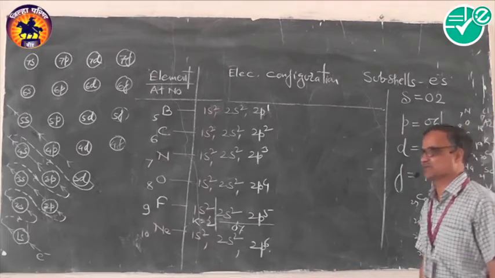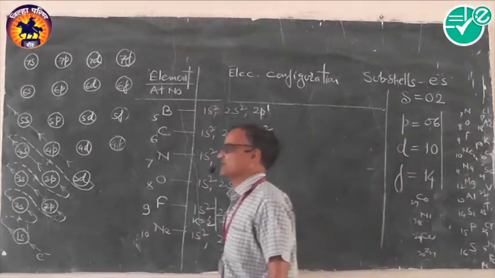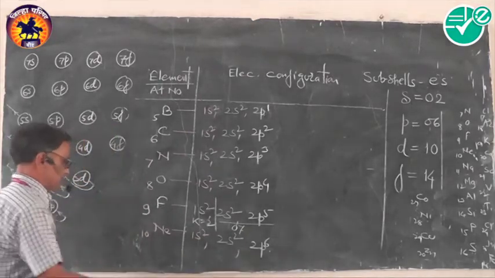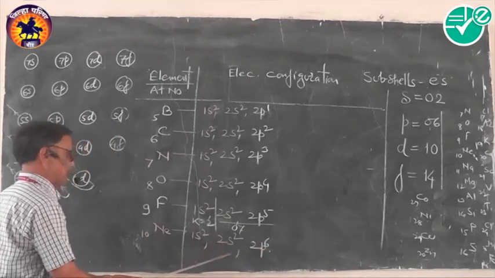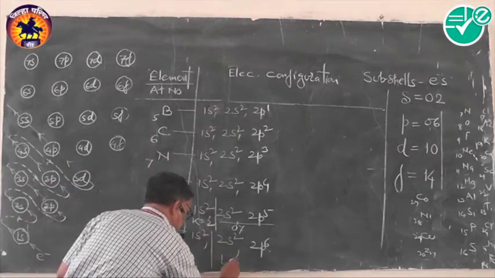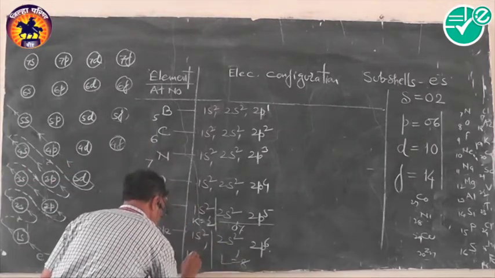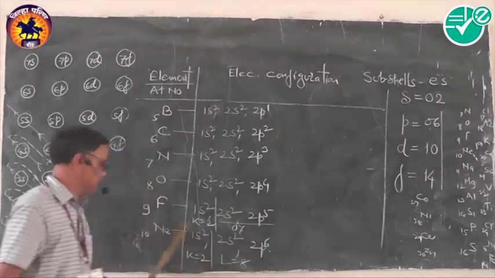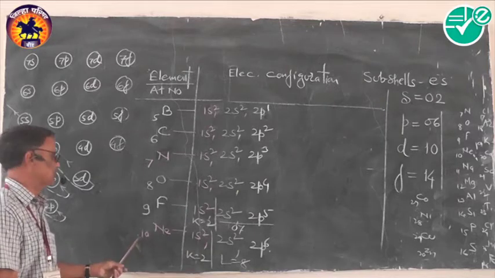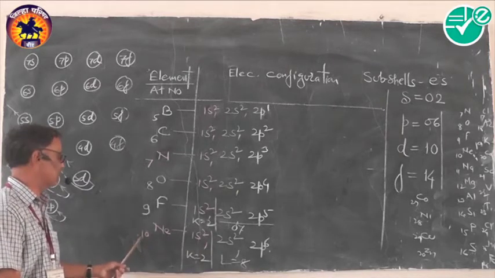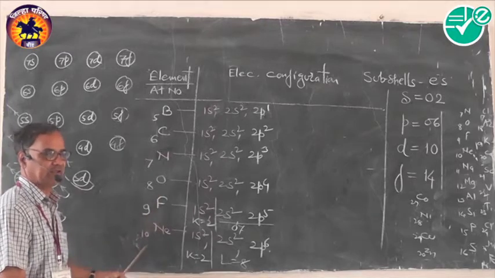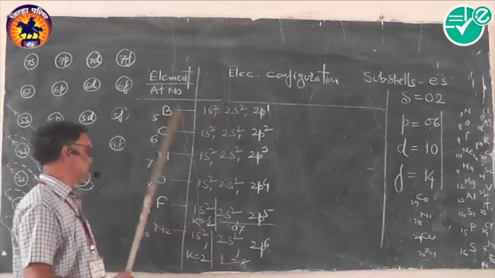An inert gas has a characteristic, that is the completion of octet. 6 plus 2, that is equal to 8. And these 8 electrons are present in the L main energy level, and first 2 are present in K. So 2 plus 8, that is equal to 10. 10 will be the atomic number of neon, and neon is the first inert gas in the 0 group in the periodic table.